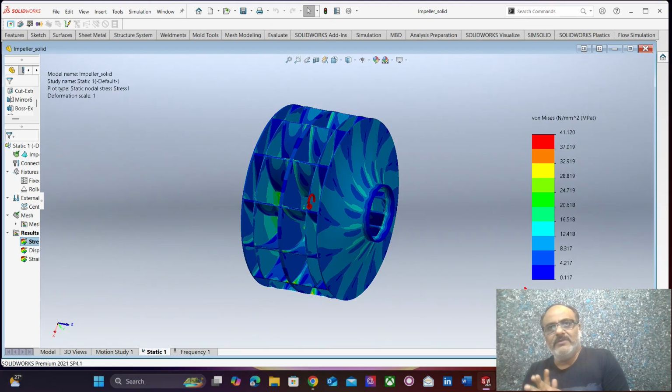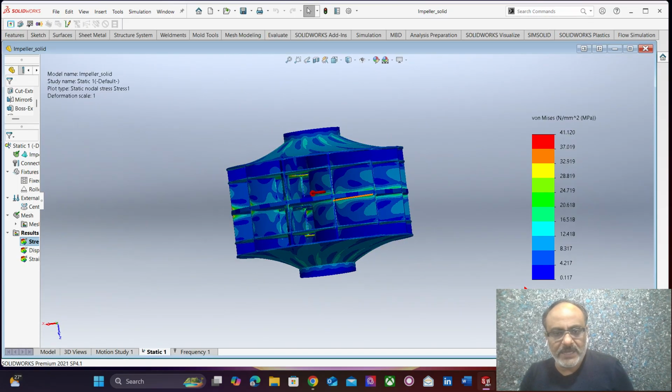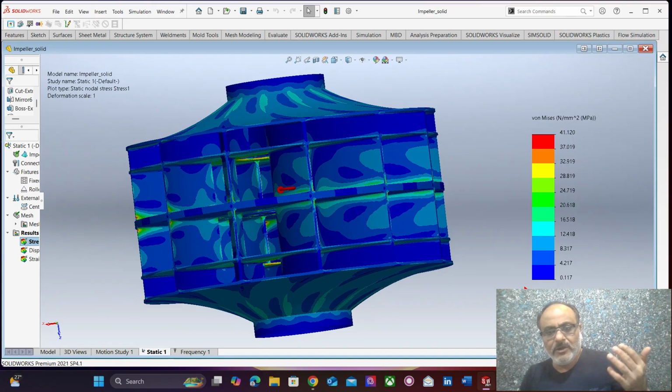But then we are reducing the structural topography as well as the geometry, and by reducing the dimensions, we are arriving at a new geometry. And this new geometry is taking care of the physics, the requirements.